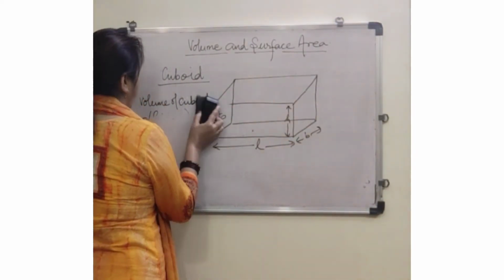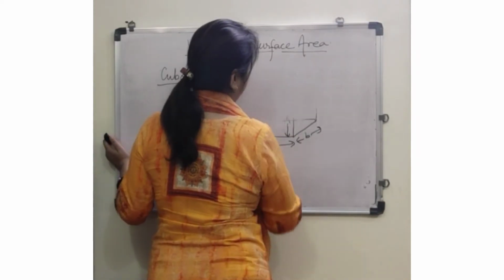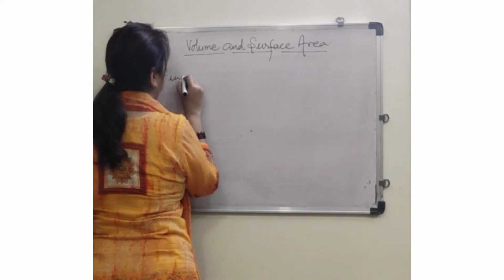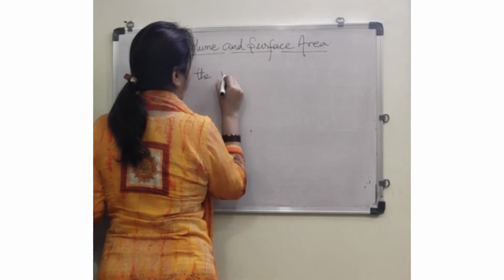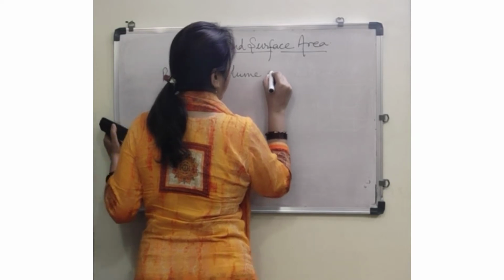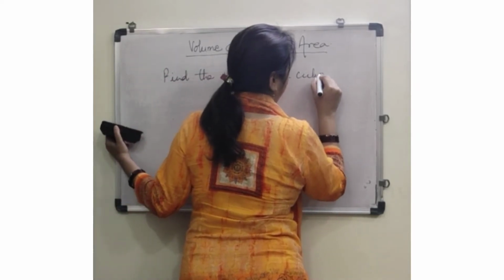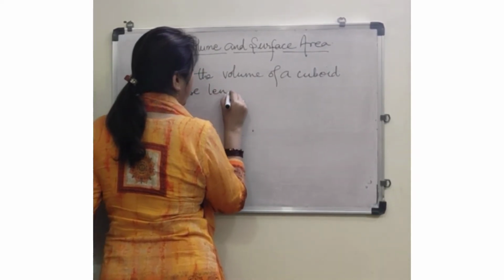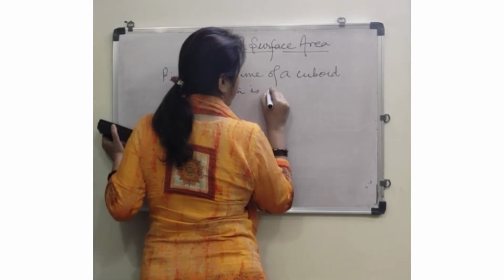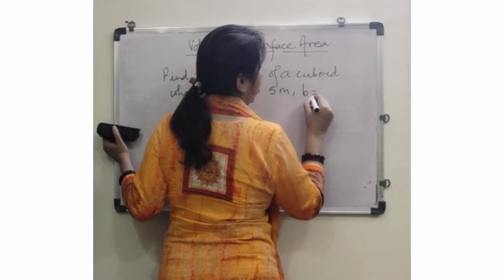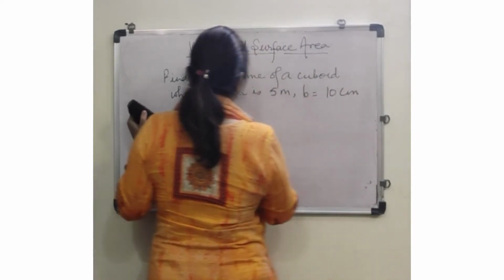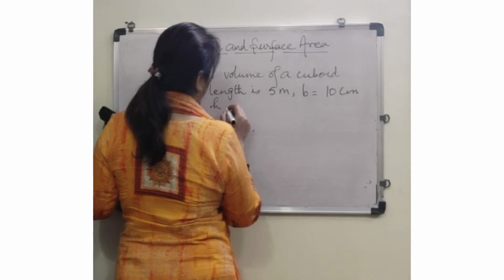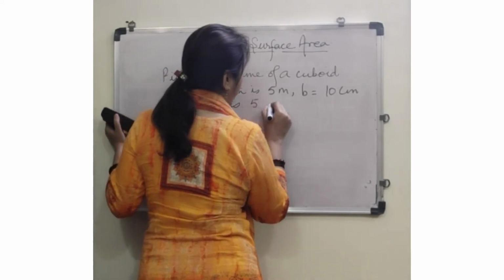Let us take one question. For example, find the volume of a cuboid whose length is 5 meter, breadth is 10 centimeter and height is 5 decimeter.